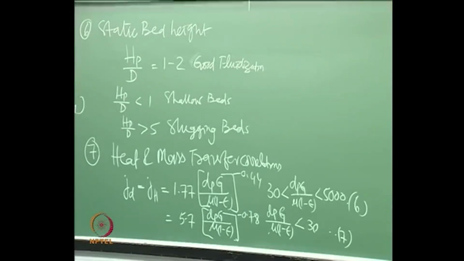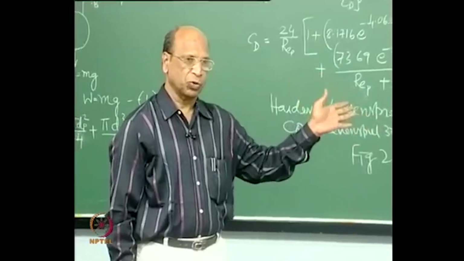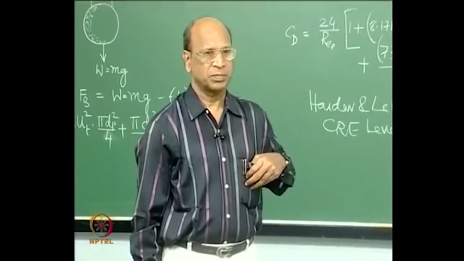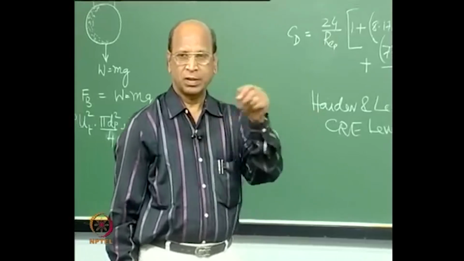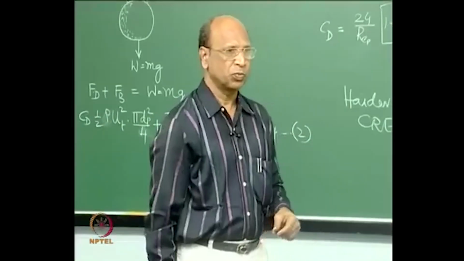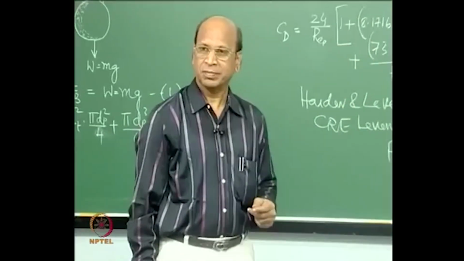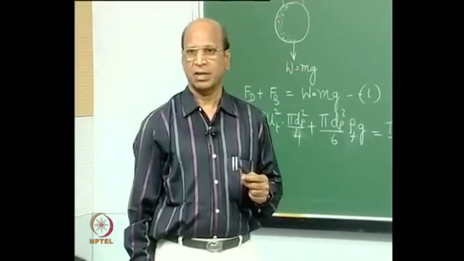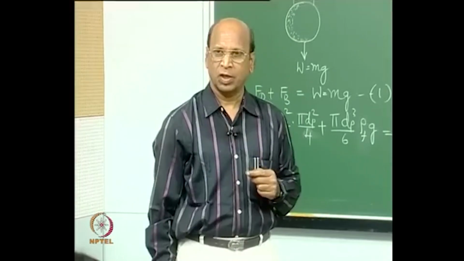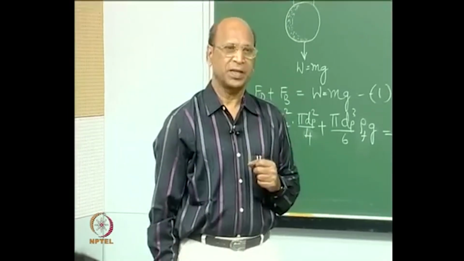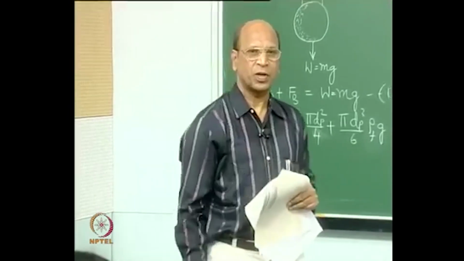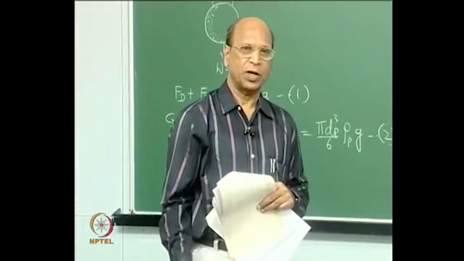This is another question which I ask in PhD interviews. Give 2 or 3 different forms of Reynolds number. It is not always u rho d p by mu. This is also another one. What is the other form? There is another form. d p is at the bottom, but in the numerator what do you have? d p by nu, du by nu, where nu is the kinematic viscosity.